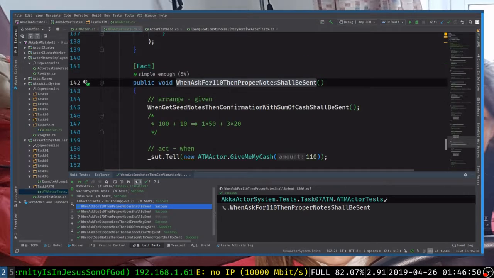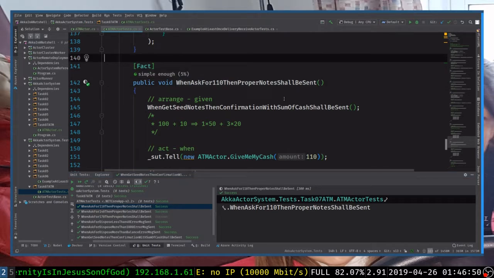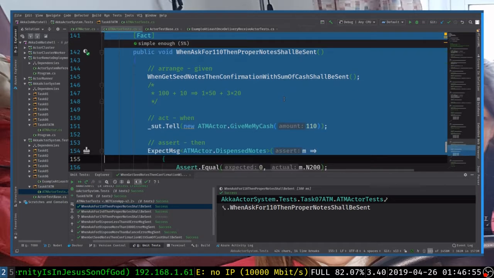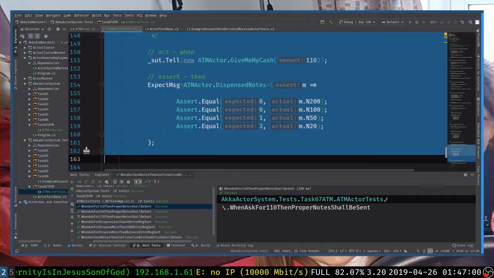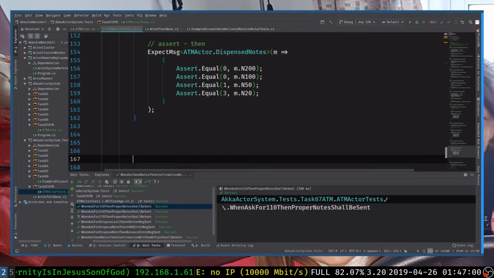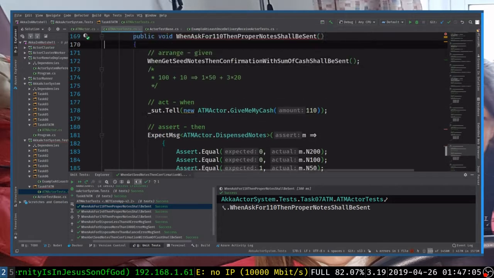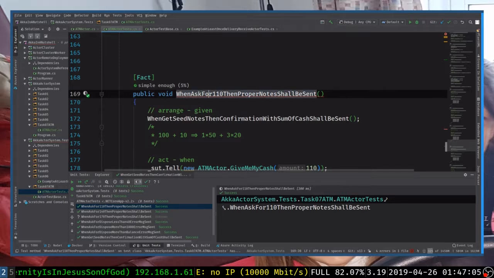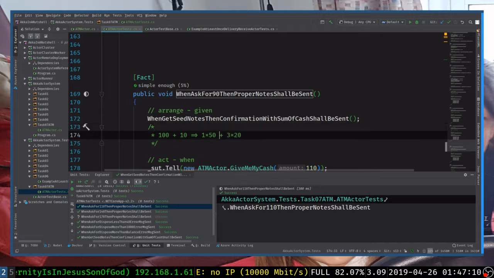Right, interesting. So maybe let's ask for, I don't know, a 90. Just for 90, and 90 is easy. I think that our code can do 90, because 90 will be just 50 plus 2 times 20. Okay.